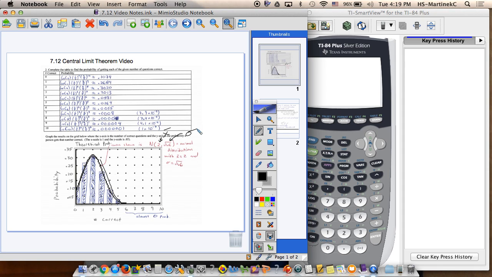You can see the bars don't match the curve exactly, but they're really, really close. So the idea with the central limit theorem is we can use a normal curve to approximate a lot of probabilities very quickly and easily.